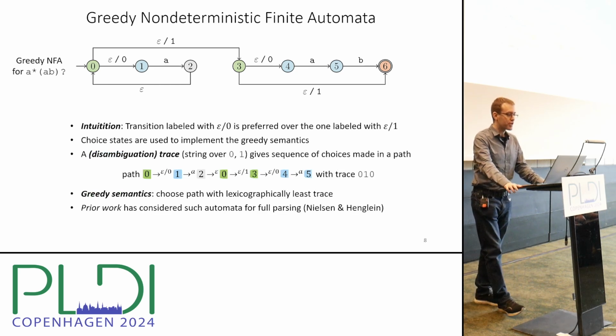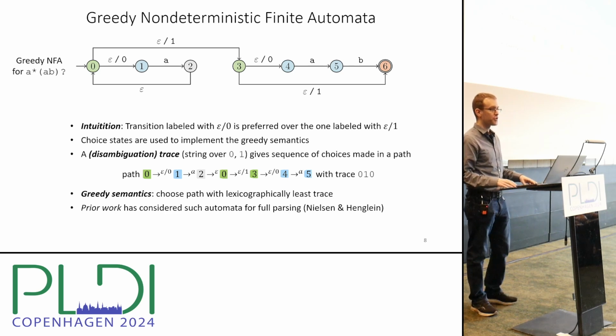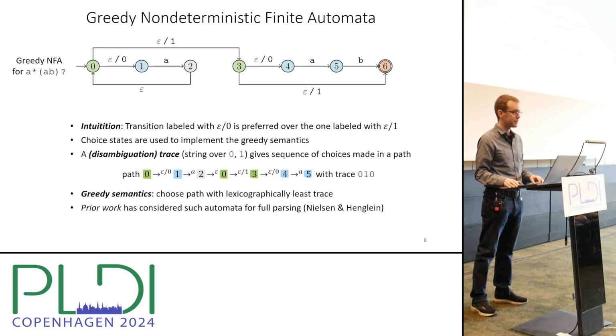So the intuition here is that the transition that is labeled with epsilon/0 is preferred over the one that is labeled with epsilon/1. And these choice states are used to implement the greedy semantics.